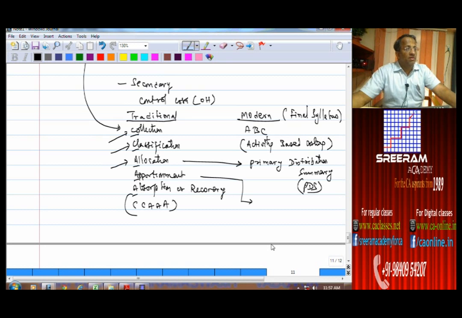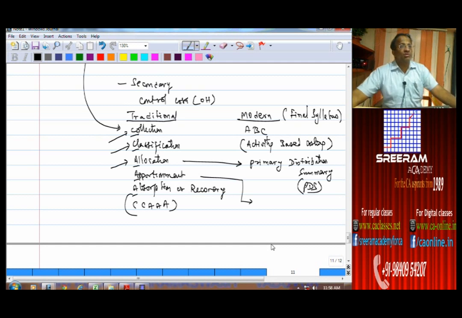Now, our objective of linking the overheads to individual units produced will not be achieved if we distribute to service departments. On one hand we say it should be distributed, on the other hand we say since no units are produced by the service departments, why did we do this at all.